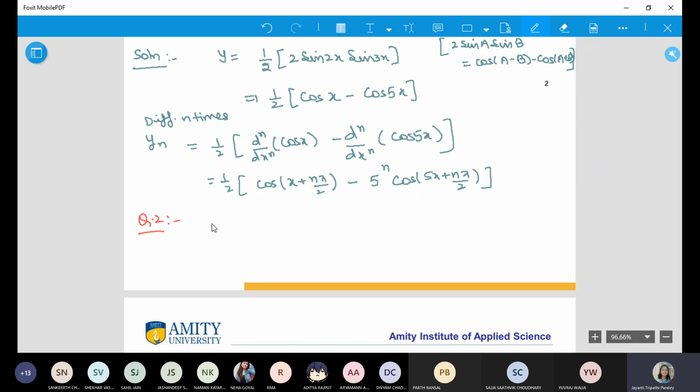Excuse me, ma'am. Yes. Ma'am, here won't minus cos x come instead of cos x? What is minus cos x? Minus cos x and cos minus x? Ma'am, you have written half cos x minus 5 cos 5x. Just tell me using the formula cos A minus B minus cos A plus B. So, ma'am, what is cos 2x minus cos 3x, minus x?